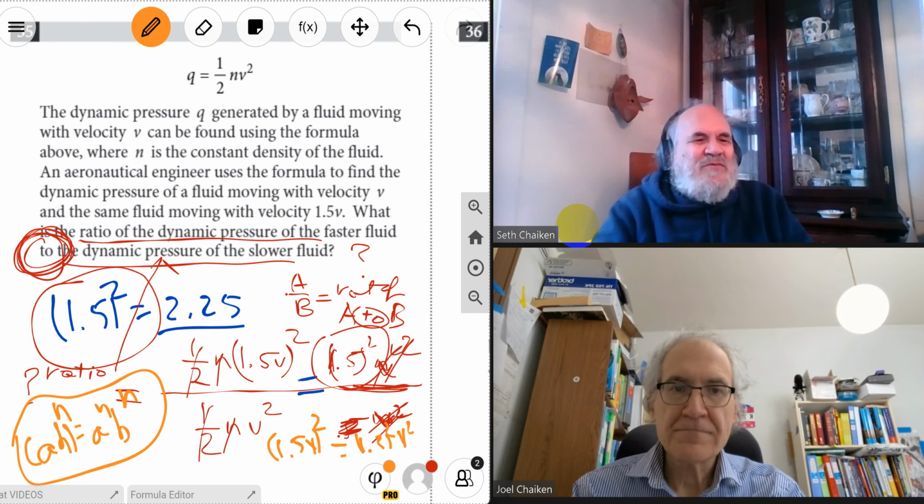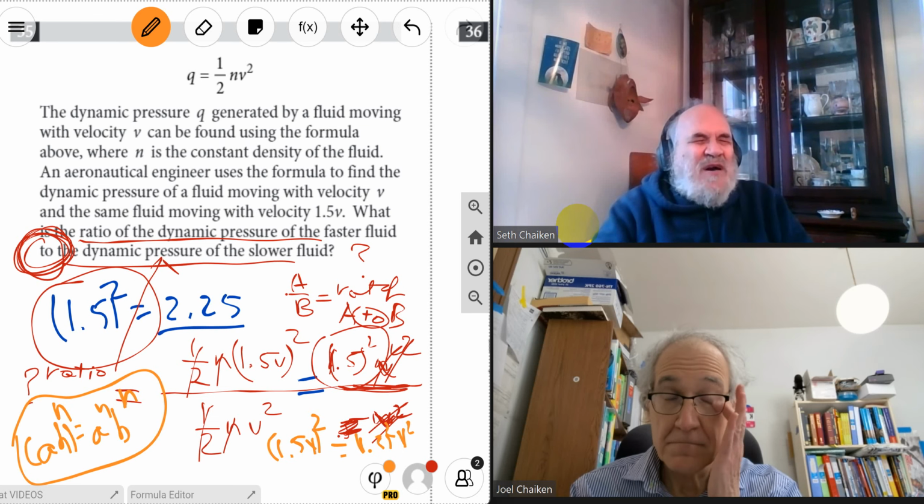Because as the speed increases, the kinetic energy carried by the car and the passengers increases by the square of the ratio of the speeds. So for example, 30 miles an hour is a speed limit, and 45 miles an hour is an unsafe speed in a 30 mile per hour zone. 45 is 1.5 times 30.